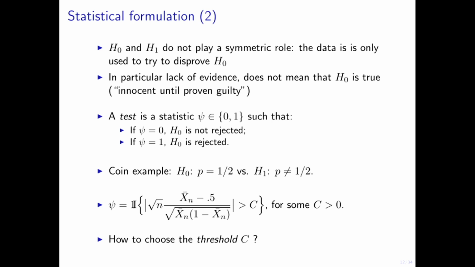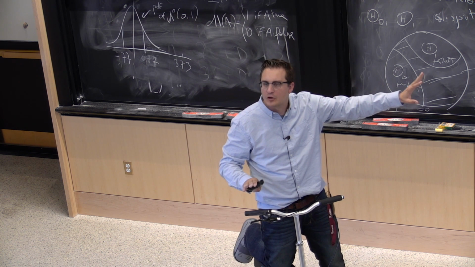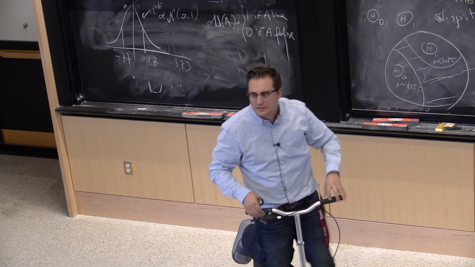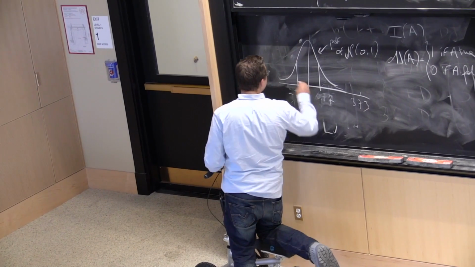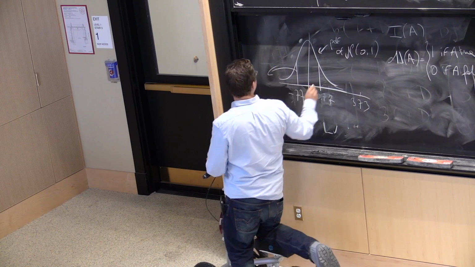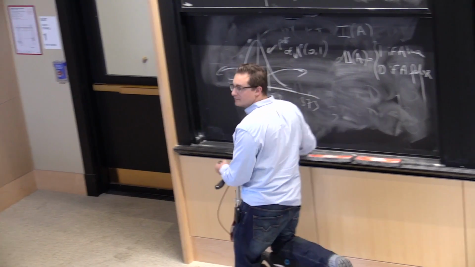So here's the example that we had. We looked at whether the standardized x n bar, the one that is approximately N(0,1), was larger than something in absolute value, either very large or very small but negative. So if I go back to this picture, we wanted to know if this guy was either to the left of something or to the right of something.